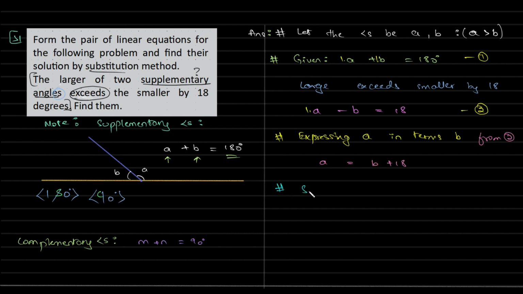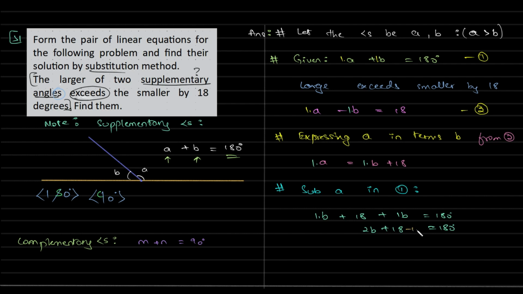Then we'll substitute A in 1. So we have B plus 18 plus 1B, right? Is equal to 180. So we have 2B plus 18 is equal to 180.